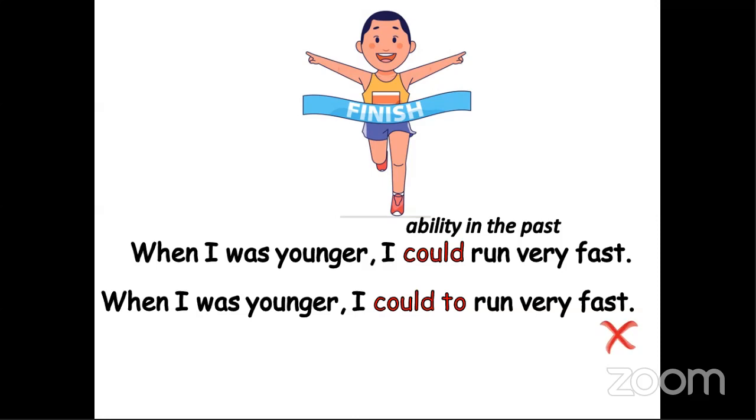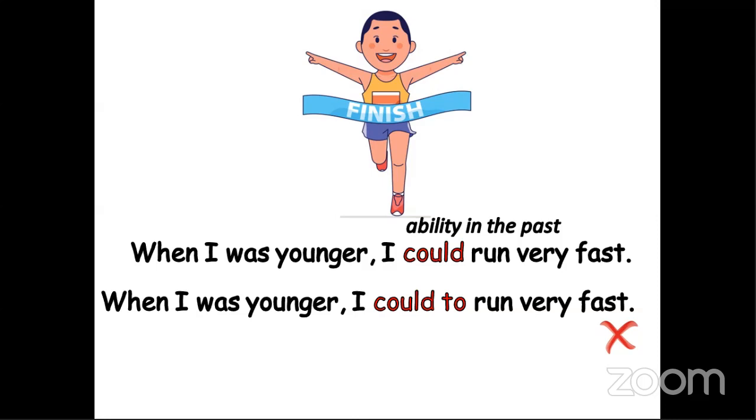Now look, one more rule we are getting, one more characteristic of a modal verb: we can never use a to after a modal verb, but there are exceptions. Exceptions are when you use ought to, able to, need to. But otherwise, the infinitive form of the verb is never used with modal verbs.